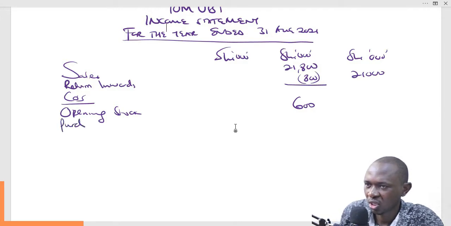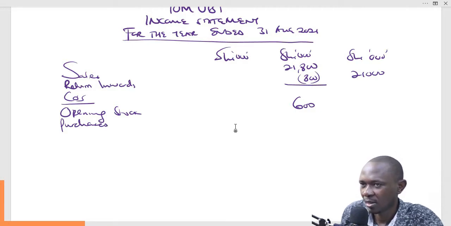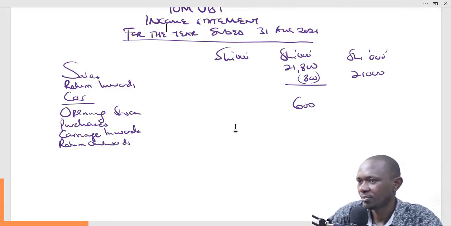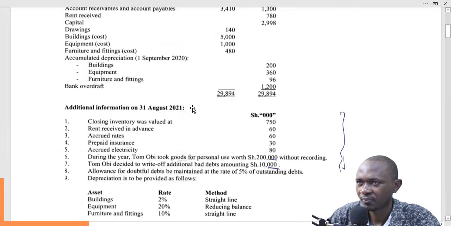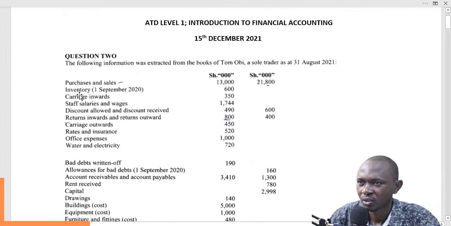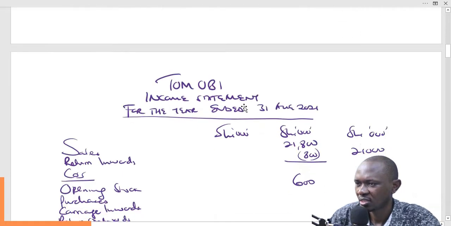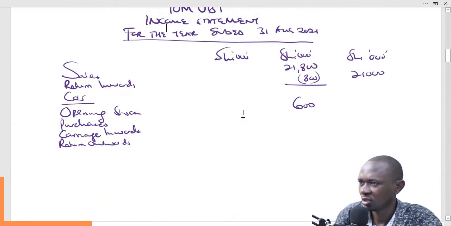Now we need to check all the workings that come with purchases, and I'm sure we have the workings because we have carriage inwards. Carriage inwards is found in the trading account. We also have return outwards. Carriage inwards, you can see we have here 350. Carriage inwards is the cost incurred to transport the goods to the premises.